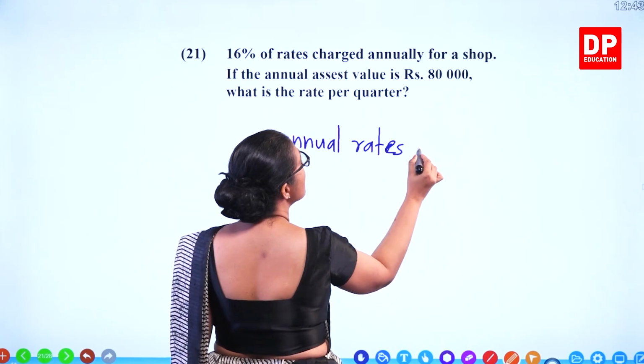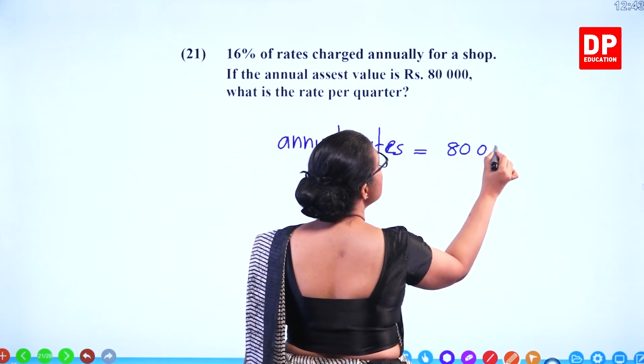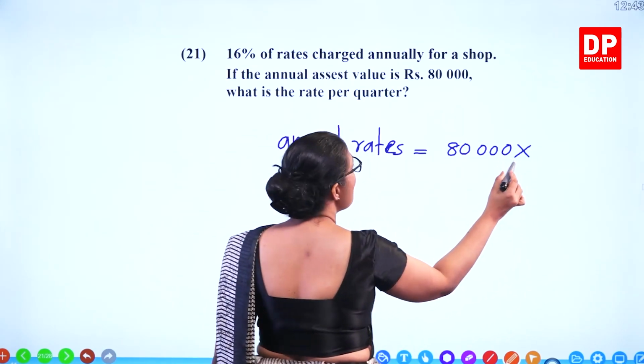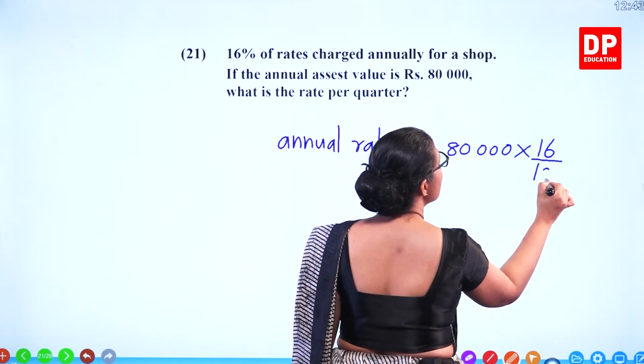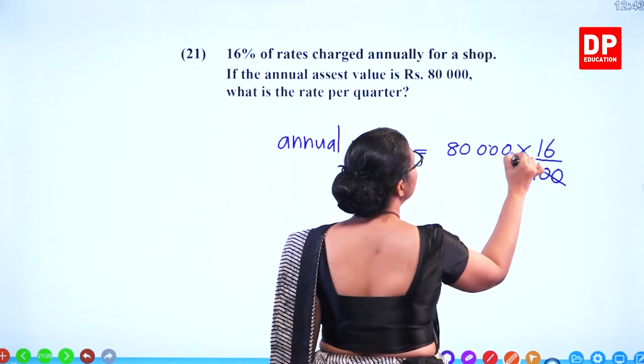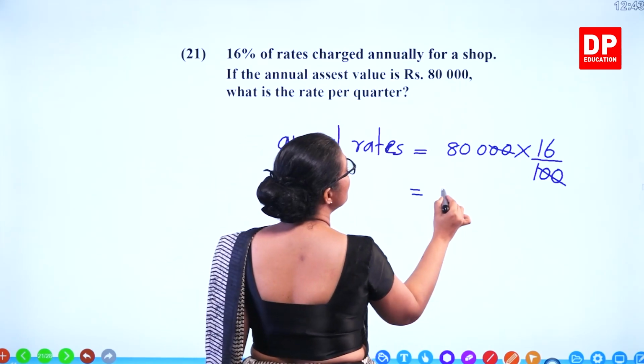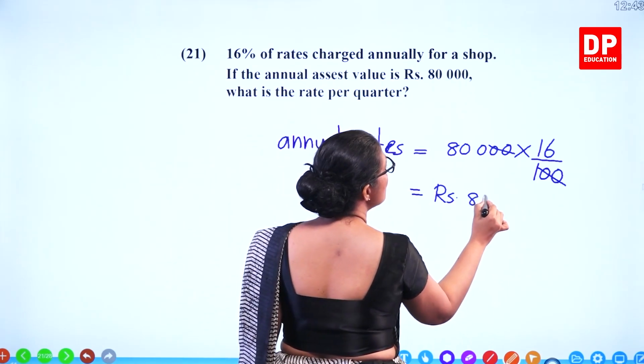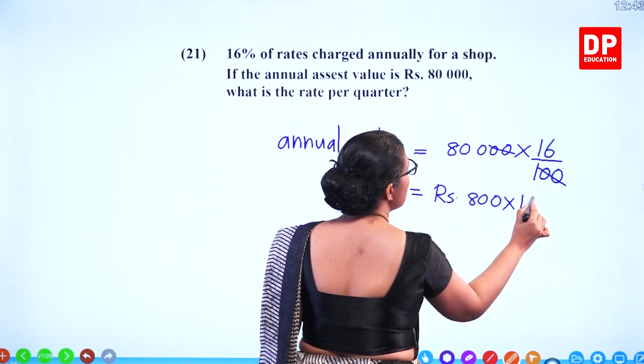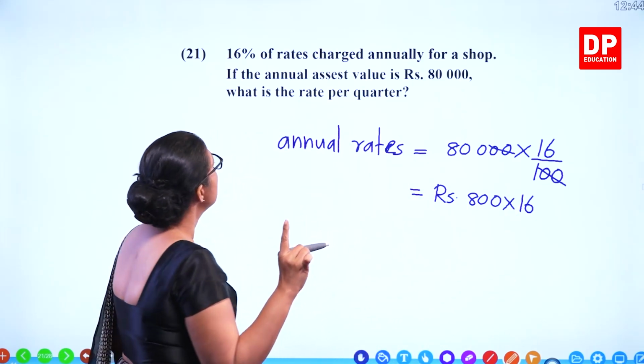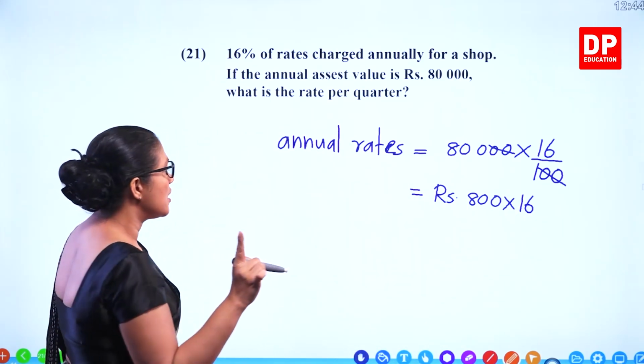That's 80,000 rupees into 16%, 16 over 100. That's for a year. 800 into 16. And we need the rate per quarter.